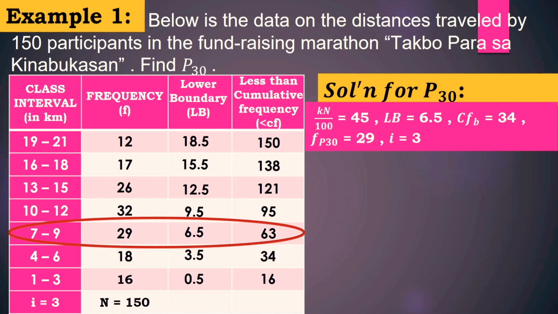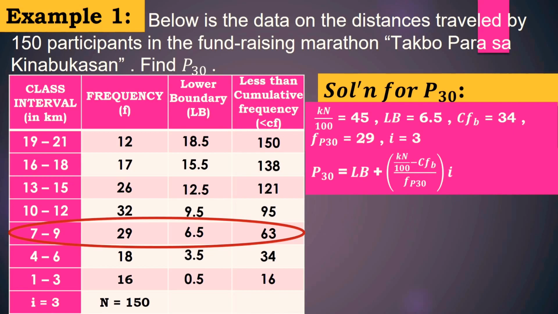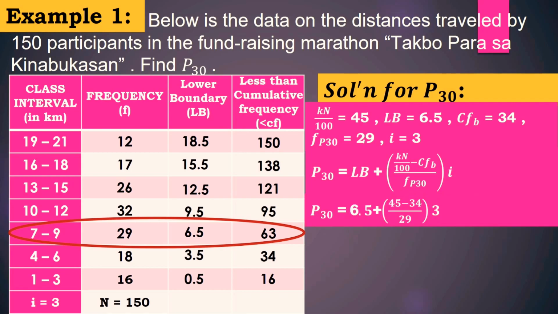So since we already have the values needed to solve for P sub 30, we can now use the formula for percentile. So P sub 30 equals LB plus the quantity Kn over 100 minus CF sub B all over F sub P sub 30 times I. So LB is 6.5 plus Kn over 100 is 45.